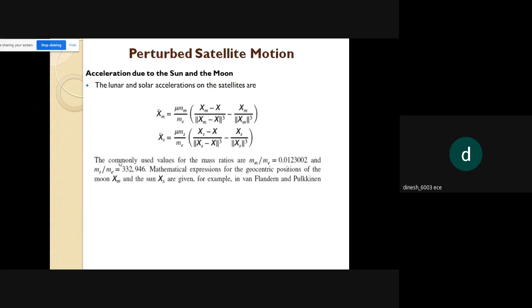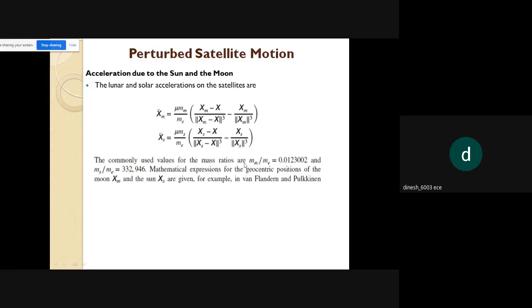xs is the acceleration due to sun, xm is due to moon. So where xs is equal to mu s divided by me, times (xs minus x) divided by determinant of (xs minus x) the whole cube, minus xs divided by determinant of xs the whole cube.